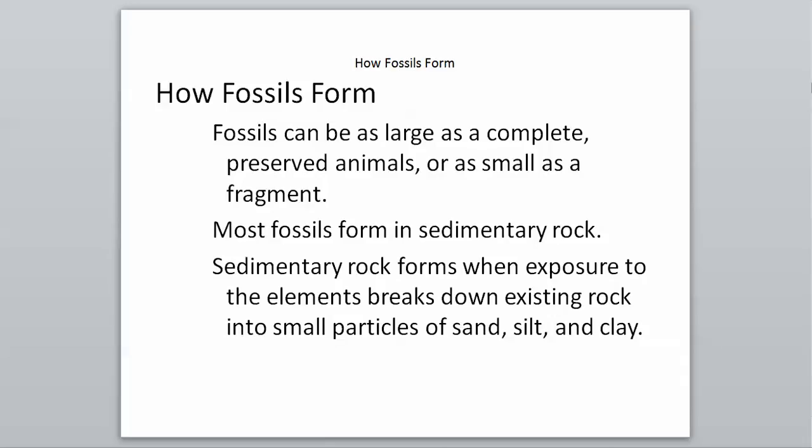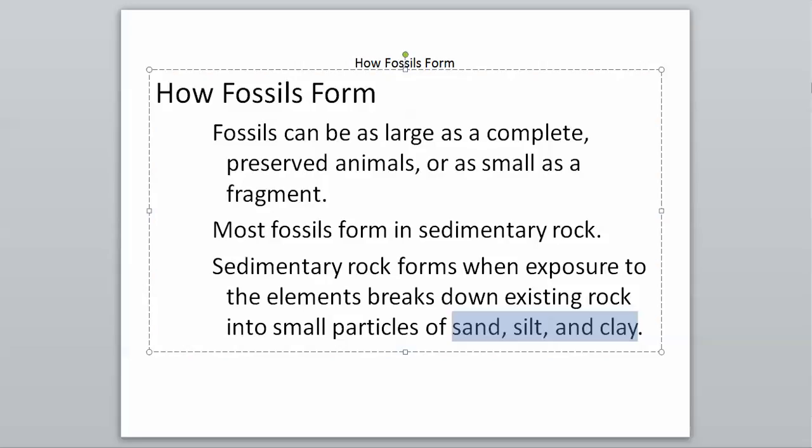There have been woolly mammoths, the giant elephant-like creatures, that have been frozen in ice, or fossils can be as small as a fragment. So it really ranges, and most fossils form in what's called sedimentary rock, and we're going to talk about why in a second. Sedimentary rock forms when exposure to the elements breaks down existing rock into small particles of sand, silt, and clay. So sedimentary rock is a layered rock made up of these three things.